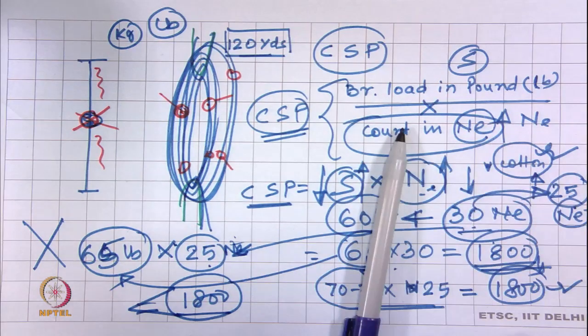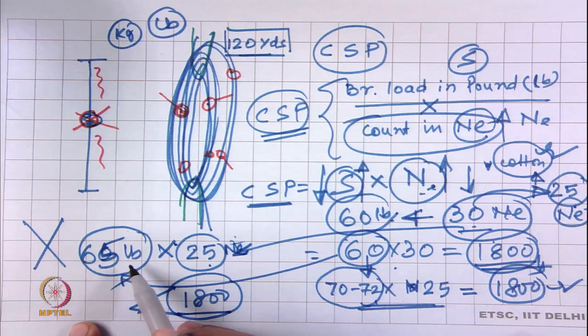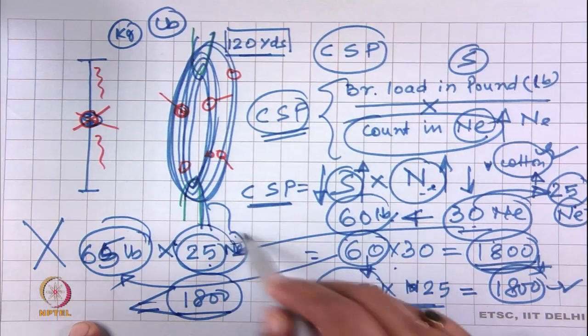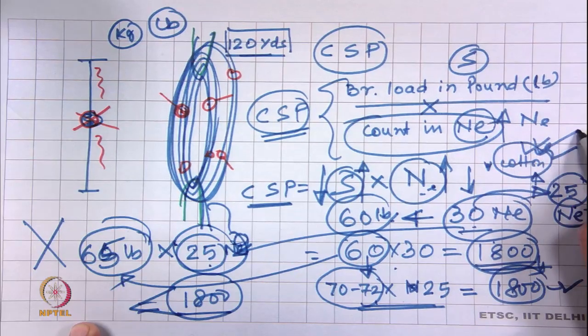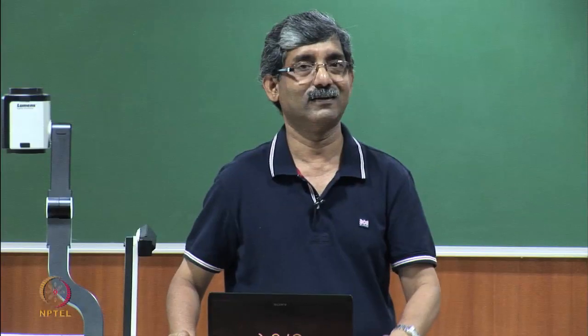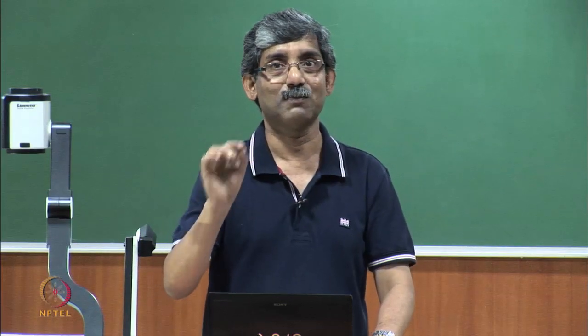Now, what does it indicate? It indicates that there is something wrong in the manufacturing process of this 25 count yarn, because we have used the same cotton, and a similar production line should result in the same CSP value.